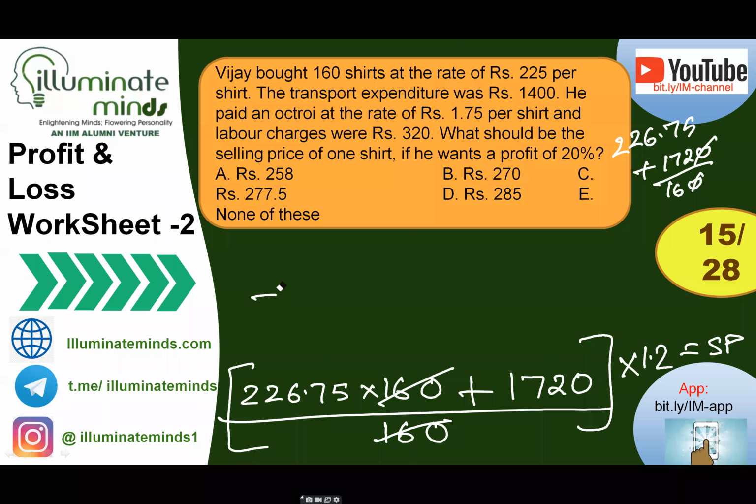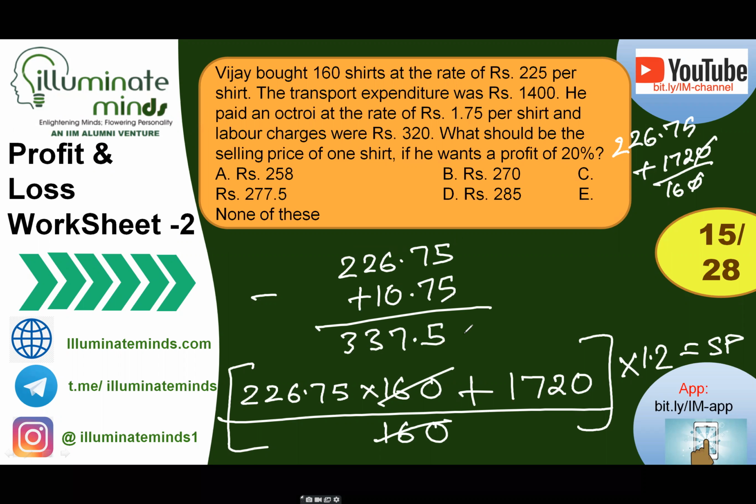So this will be 226.75 plus 10.75, which will add and become 337.5, and 337.5.